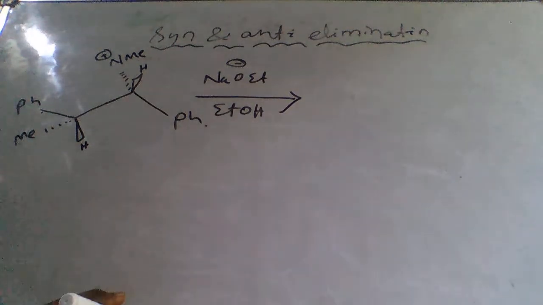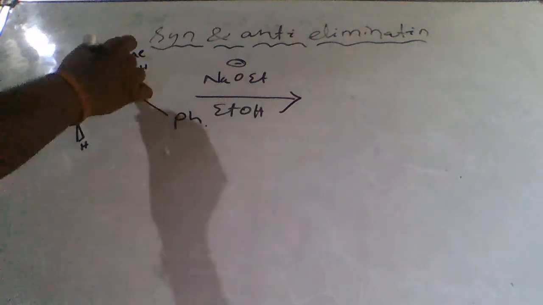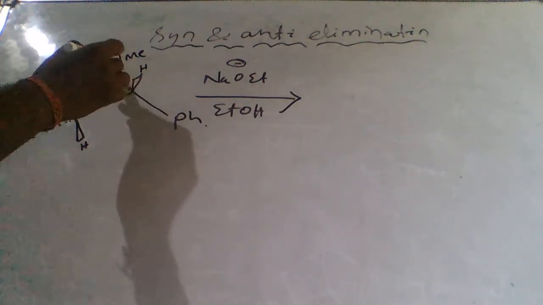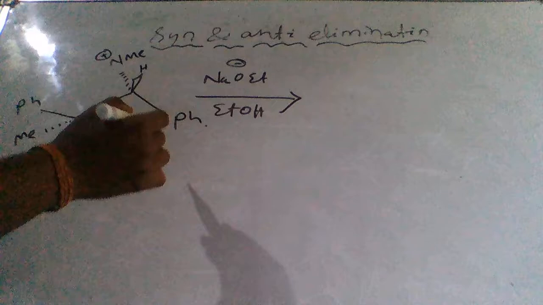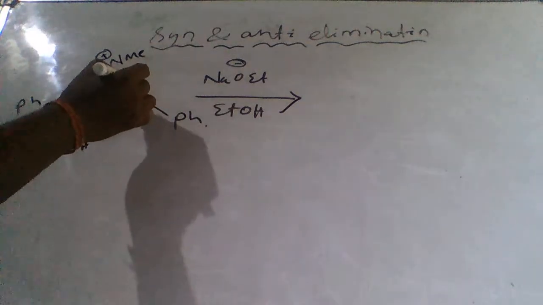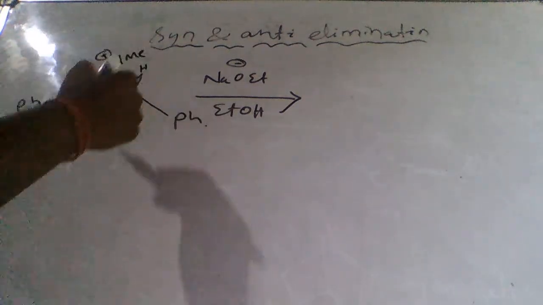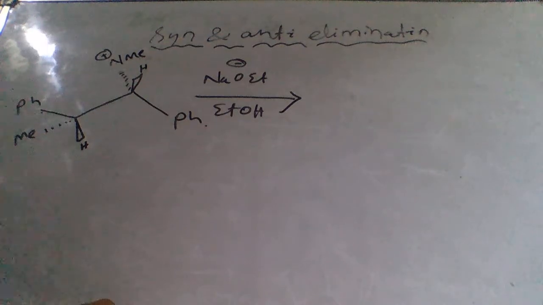So here this hydrogen is always opposite to this ammonium group, and it is necessary to take these two groups in anti-periplanar fashion.